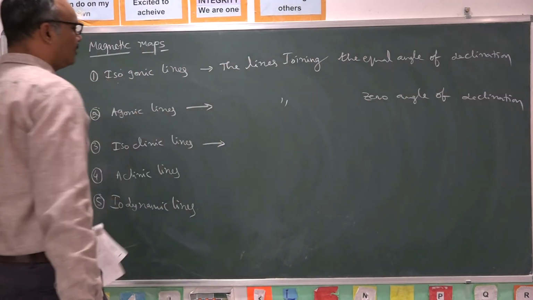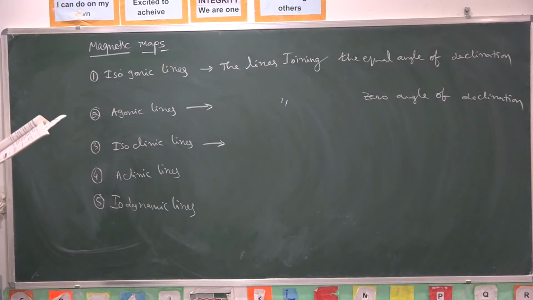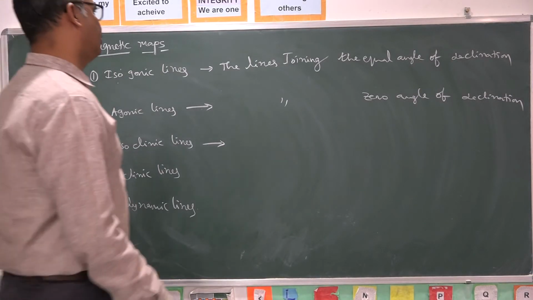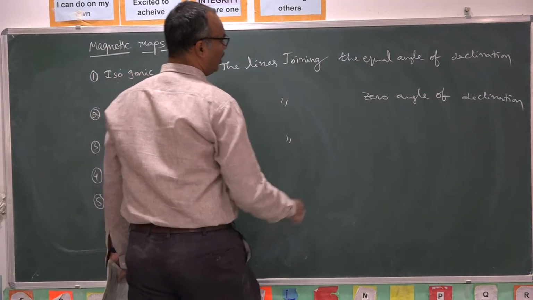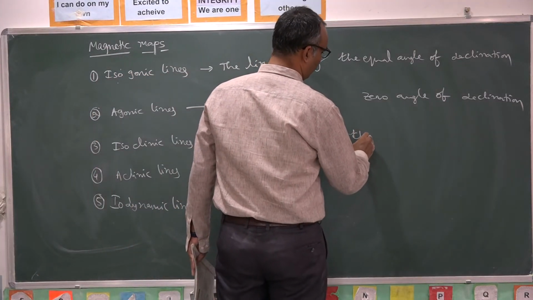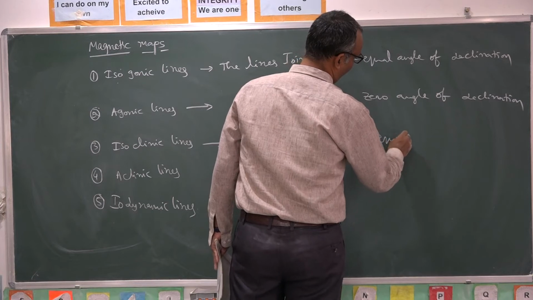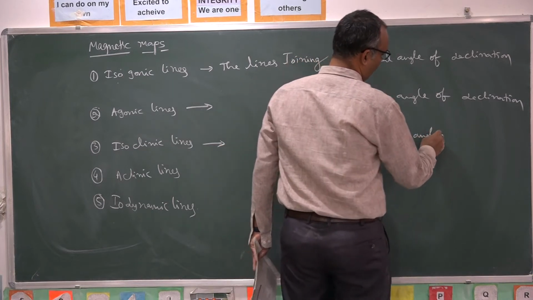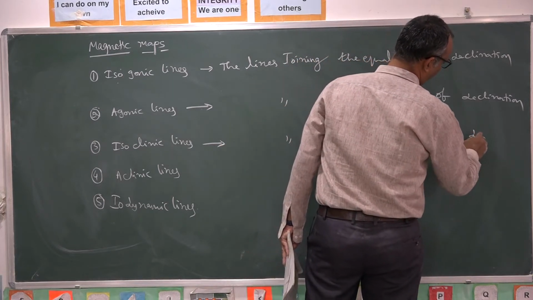Isoclinic lines are the lines joining equal angles of dip.